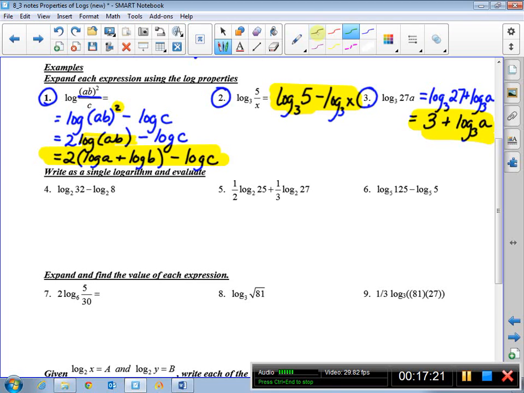So let's see what we have. Subtraction means that 32 and 8 are divided. 32 divided by 8 is 4. And the log base 2 of 4 is, the exponent is 2.